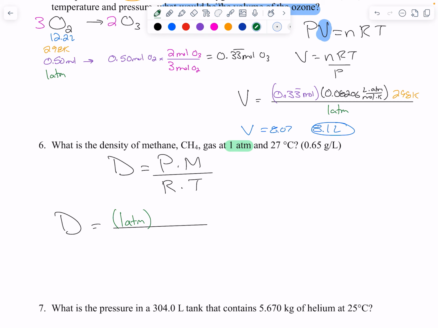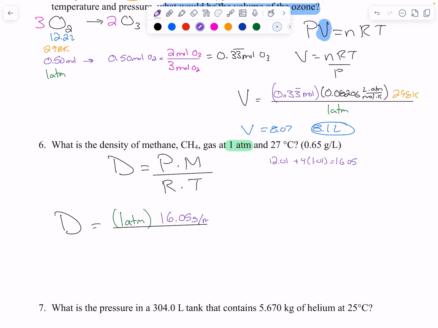Molar mass of methane, CH4, right? So the molar mass, carbon is 12.01 plus 4 times 1.01, which looks like it's 16.05. So 16.05 grams per mole. R, of course, is 0.08206 liters·atmospheres per mole·Kelvin.